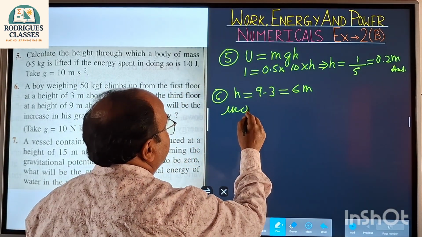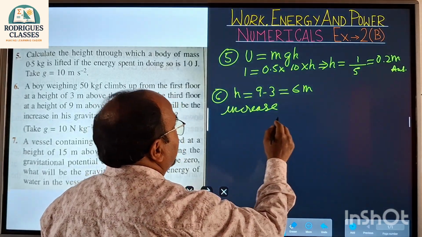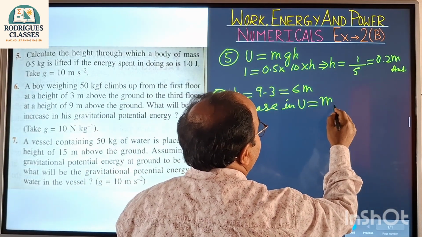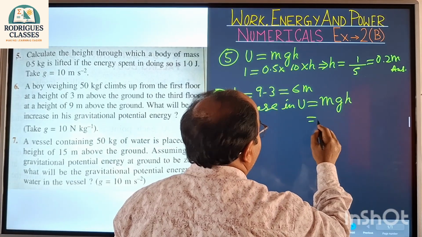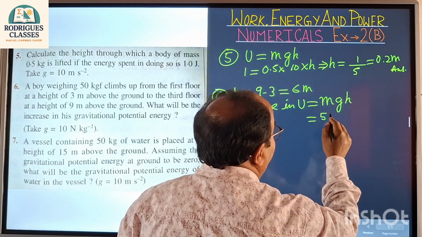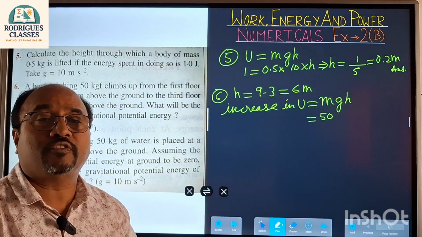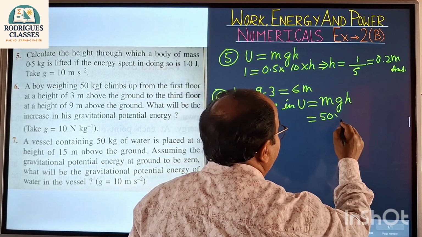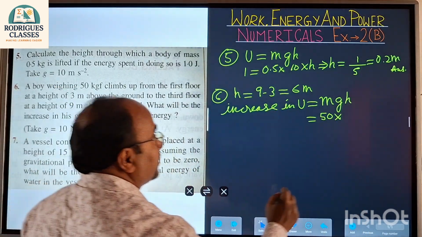So I will write here increase in potential energy as mgh. So m here is 50 kgf is the weight. So you know, if weight is 50 kgf, then the mass is 50 kg. And then g value given to us is 10 here.